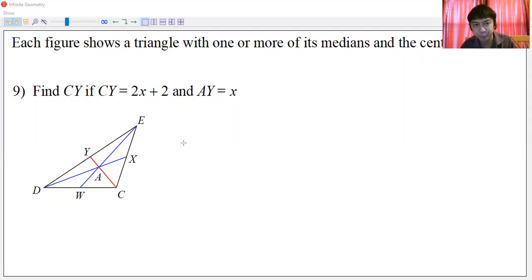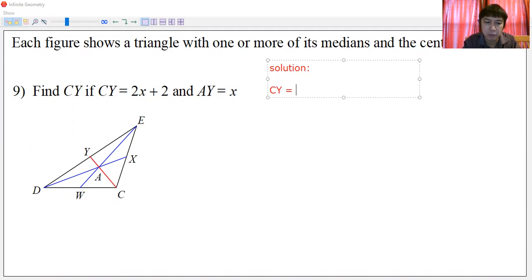AY is the shorter of the two segments of CY. So the shorter times 3 is the entire median. Okay, so we can have our working equation over here. Our solution will be the shorter AY times 3 is the CY.